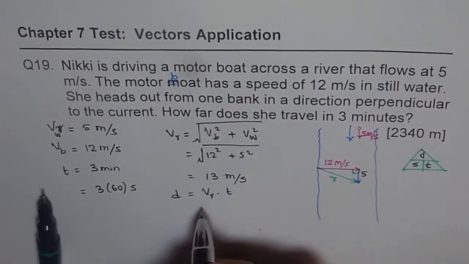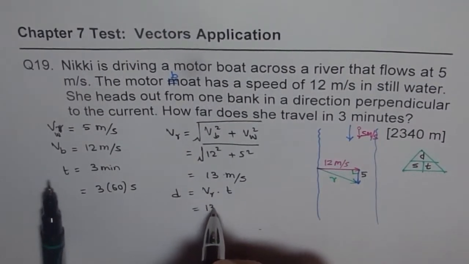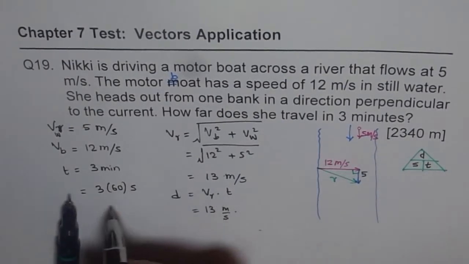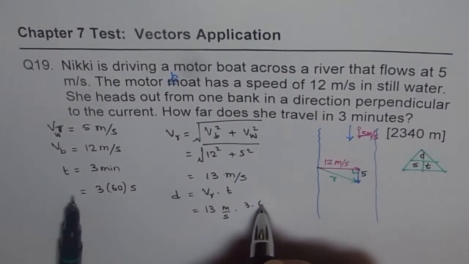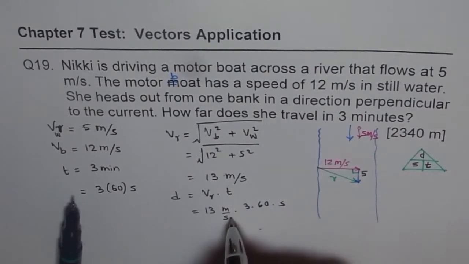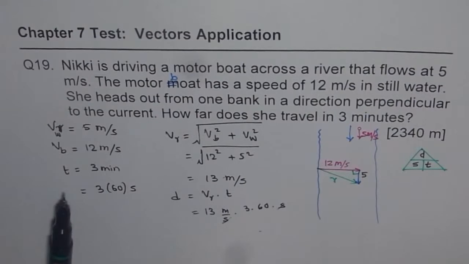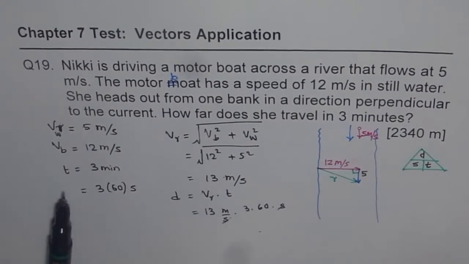So in our case, the resultant velocity is 13 meters per second, times time, which is 3 times 60 seconds. You see, second and second cancel out, and you get your answer. So that is how you'll get your answer, which is 13 times 3 times 60. And that gives you 2340.